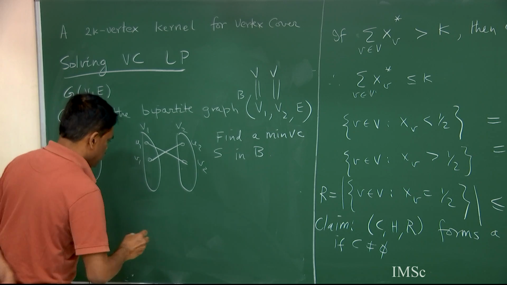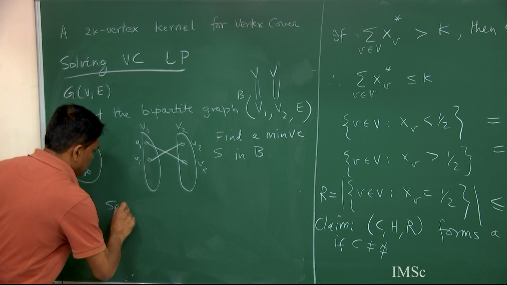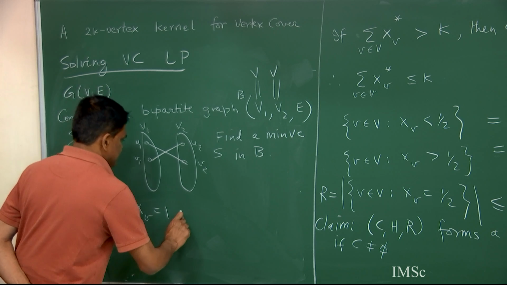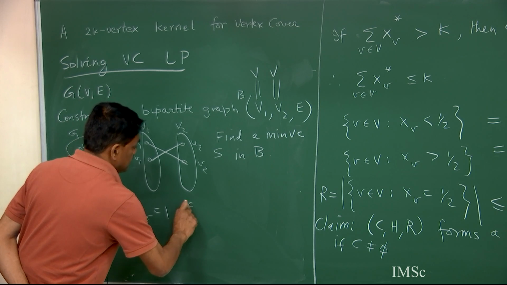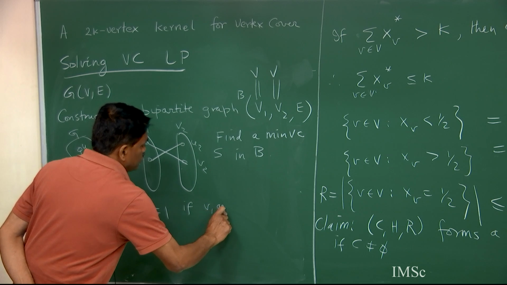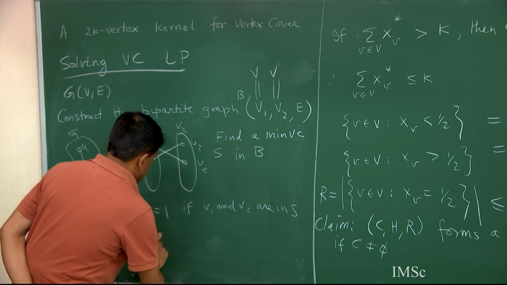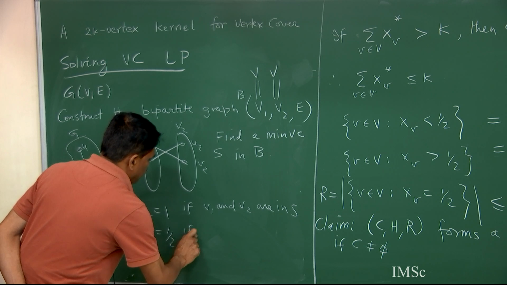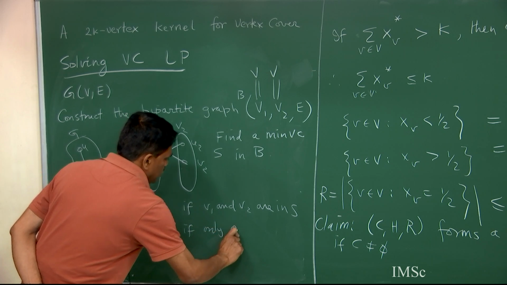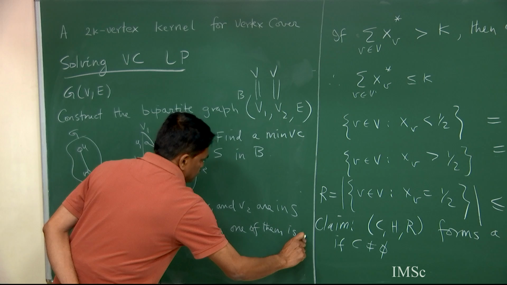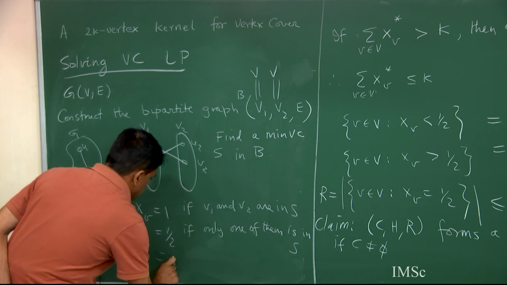So set xv equal to 1 if V1 and V2 are in S, half if only one of them, and 0 otherwise.